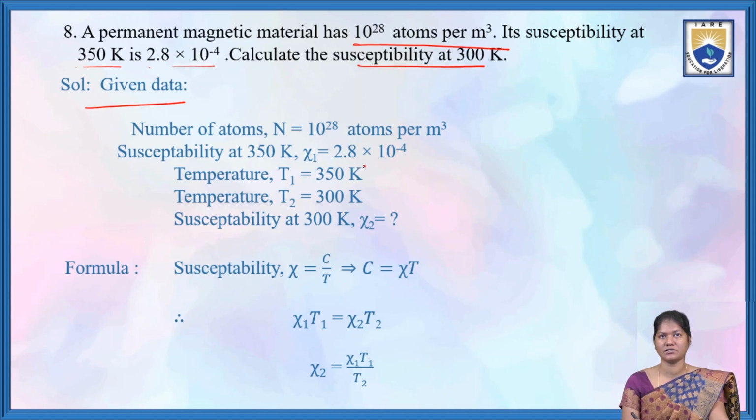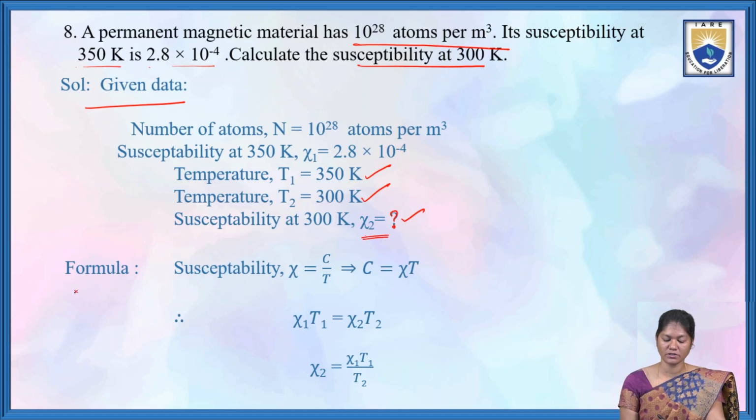Susceptibility at 350 degree Kelvin is 2.8 into 10 power minus 4, which is denoted with Chi1. Temperature T1 is equal to 350 degree Kelvin. Temperature T2 is 300 degree Kelvin. So the susceptibility at 300 degree Kelvin we need to calculate. So Chi2 is equal to question mark.